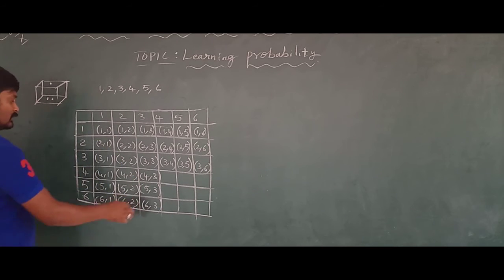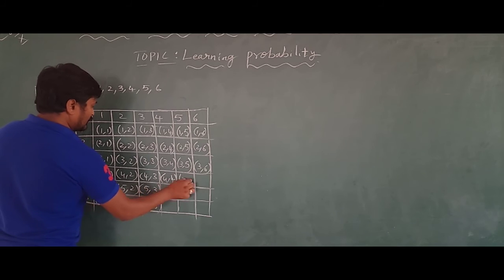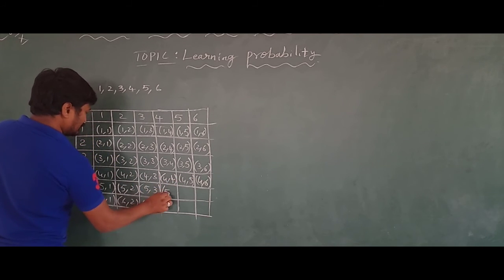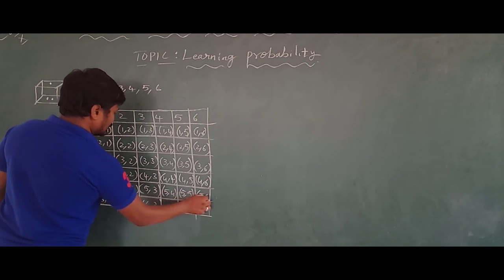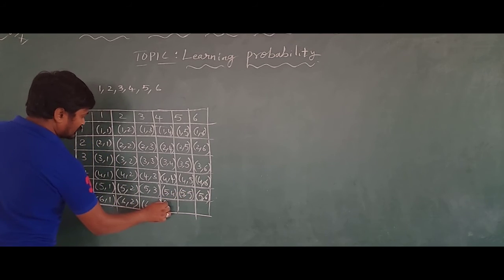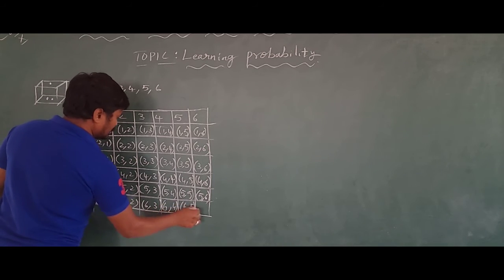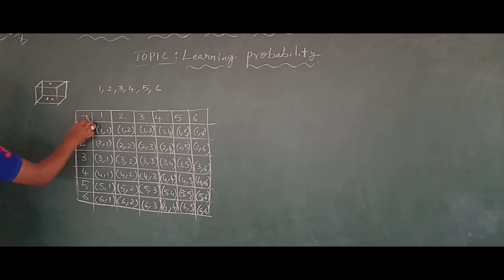Same method, then 4,4; 4,5; 4,6. Next 5,4; 5,5; 5,6. Next 6,4; 6,5; 6,6. Okay, so this is the dice table I am drawing here. Next is about when two coins are thrown.